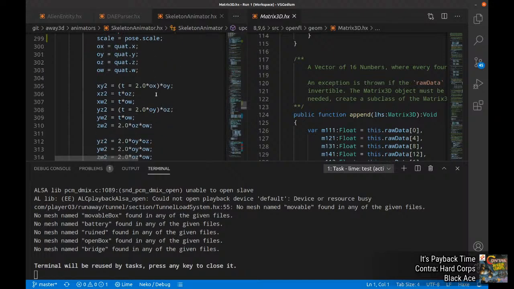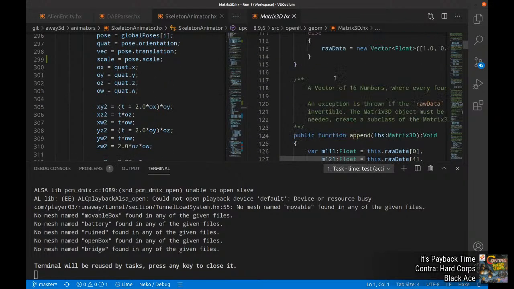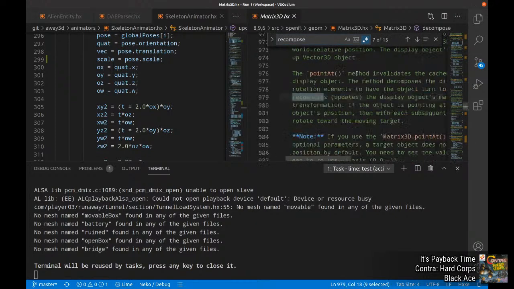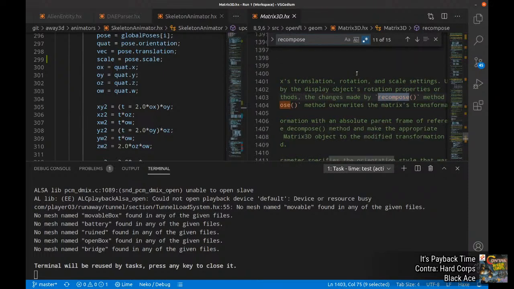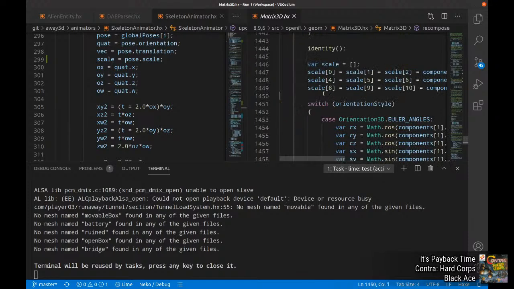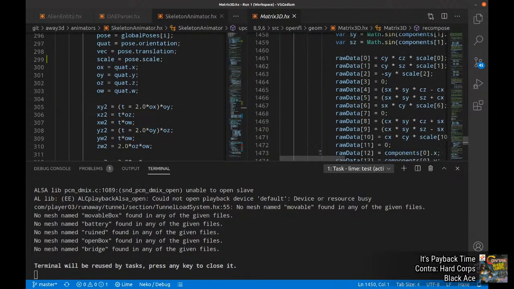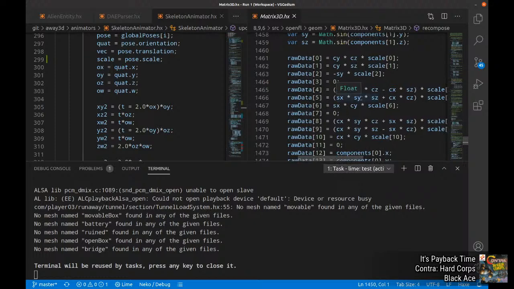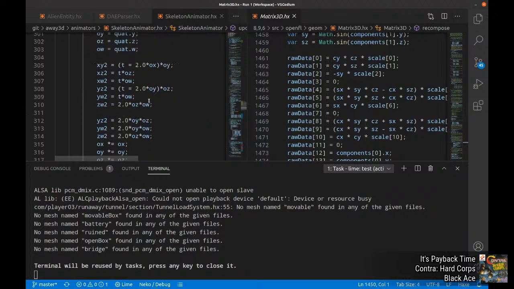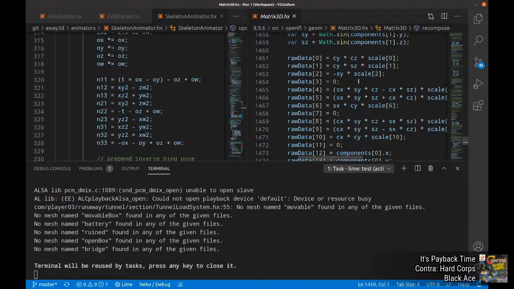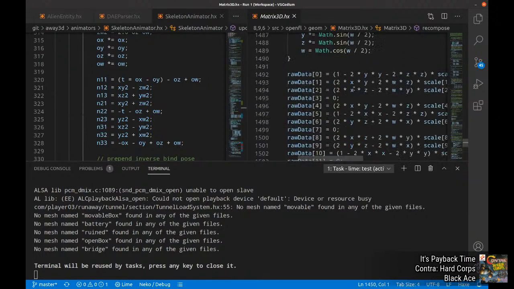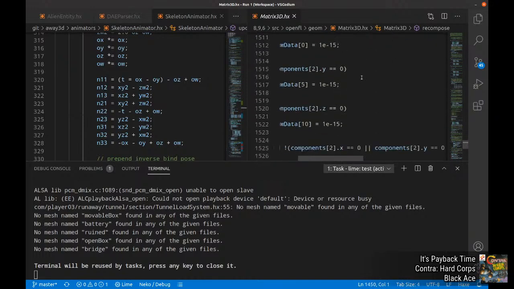Convert pose to matrix. So I guess let's look at the recompose function. Not Euler angles, not angle axis.